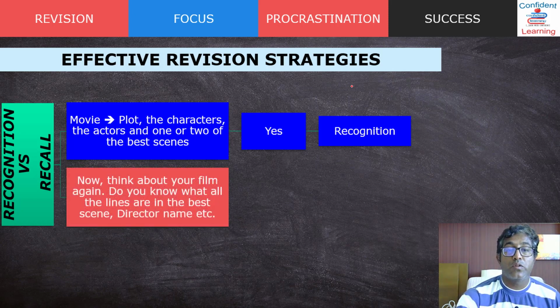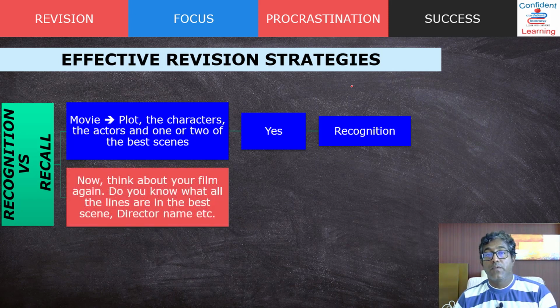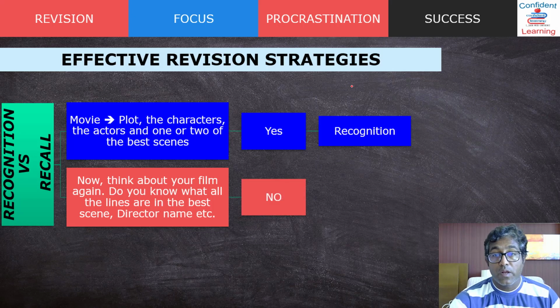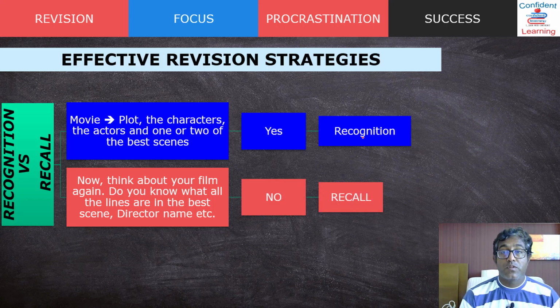But if I ask you about the same movie, what color was the Iron Man's suit? Everybody knows that because we see it a lot. But if I talk about the director's name, or any dialogue, for that you have to recall very extensively. See, I gave you one picture, one movie clip, then I asked you, are you able to remember this?